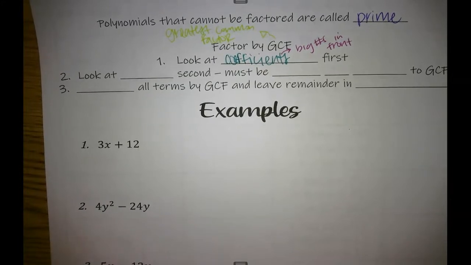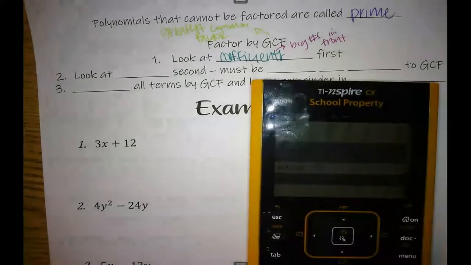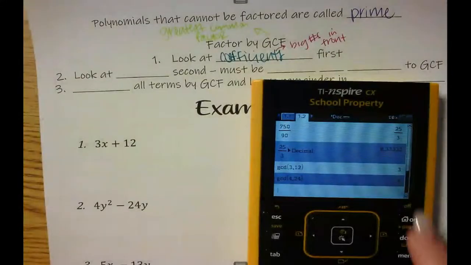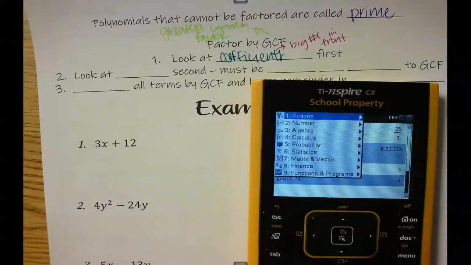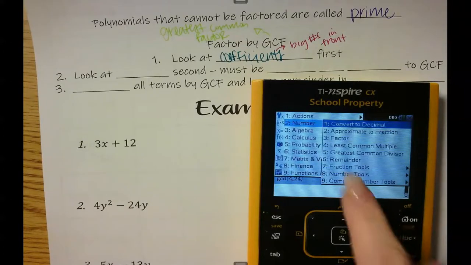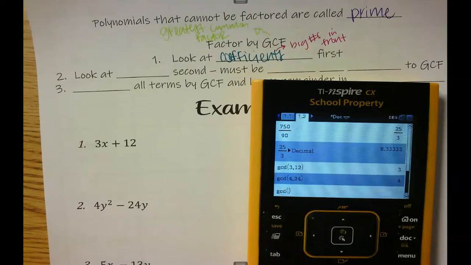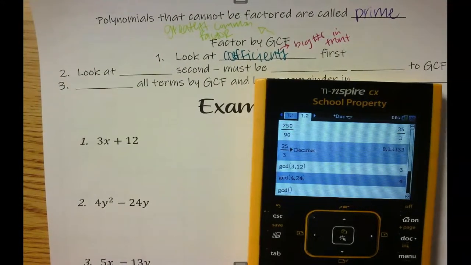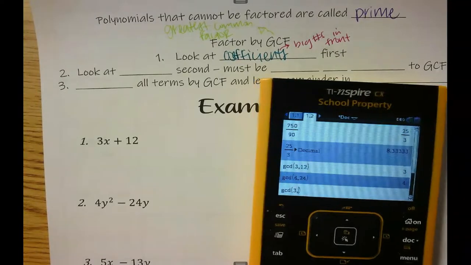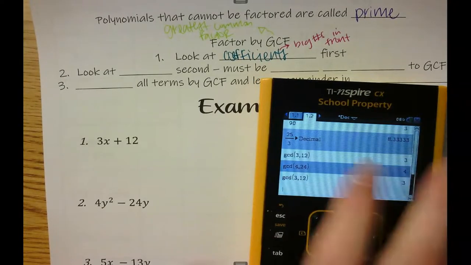I also have a calculator menu. I'll write it down. Menu, 2, and you can see 5 is greatest common divisor, which is the same thing. And then you put in the two numbers, 3, 12, and it tells you that 3 is my greatest common factor.